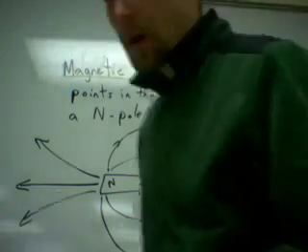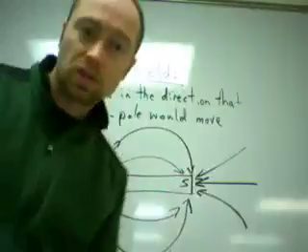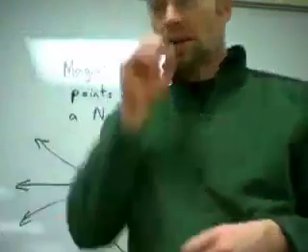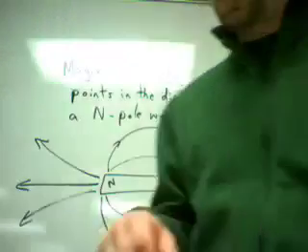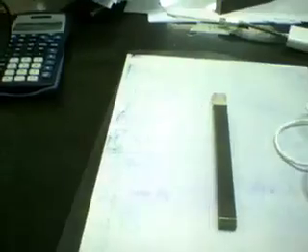The cool thing is, as you saw with the 3D demos, you can actually see this. Sorry if you get a little seasick. I have a bar magnet, and I am going to use some iron filings.